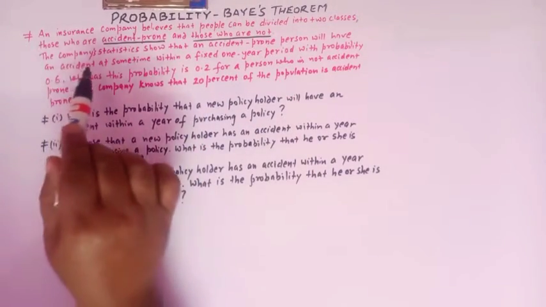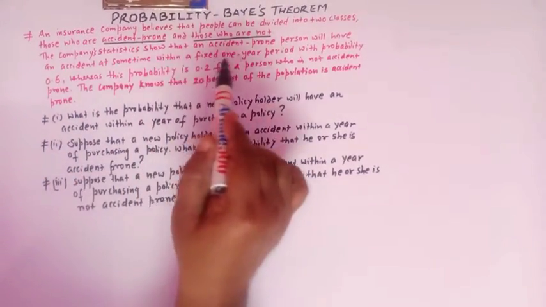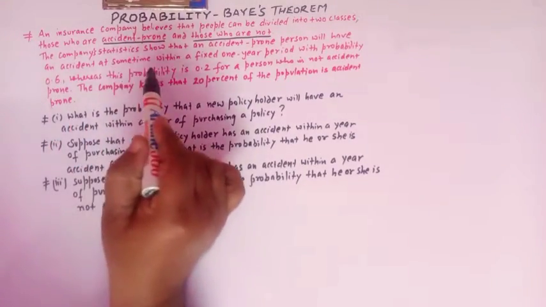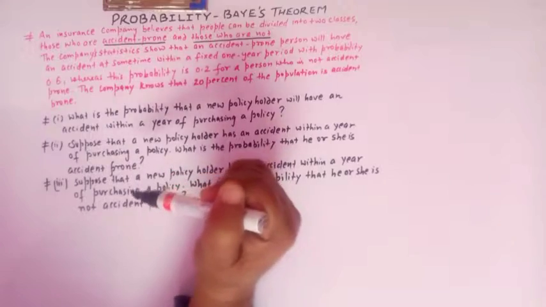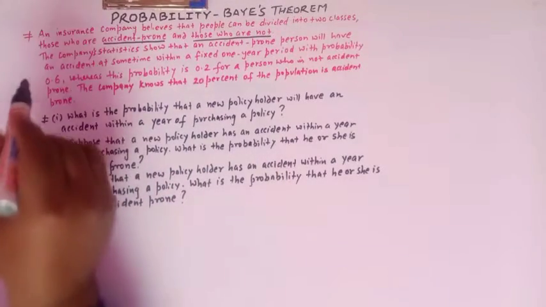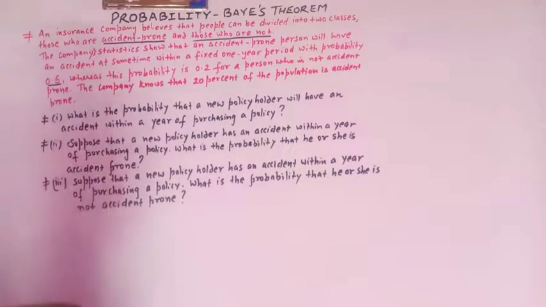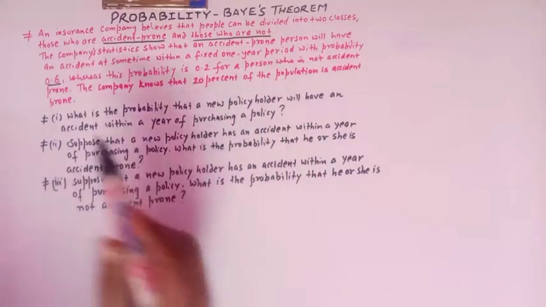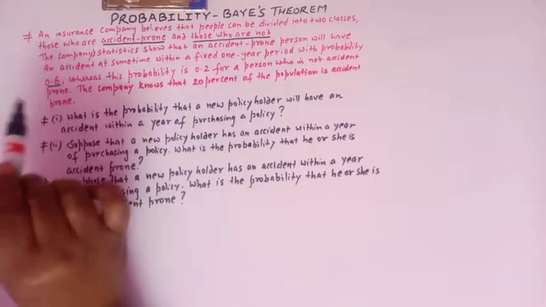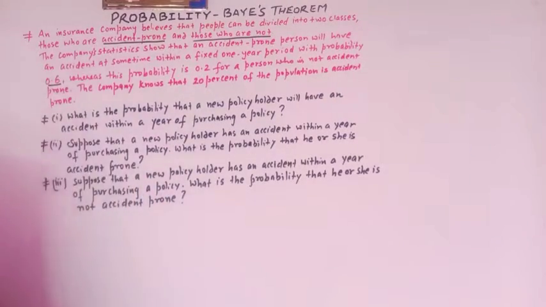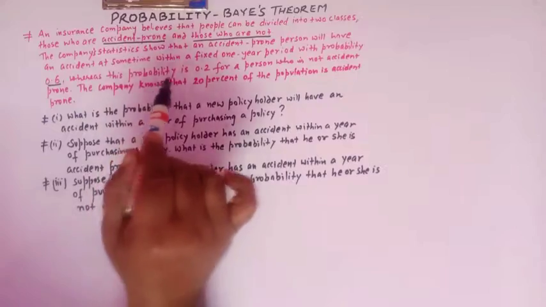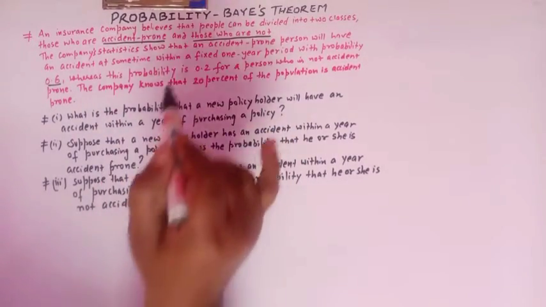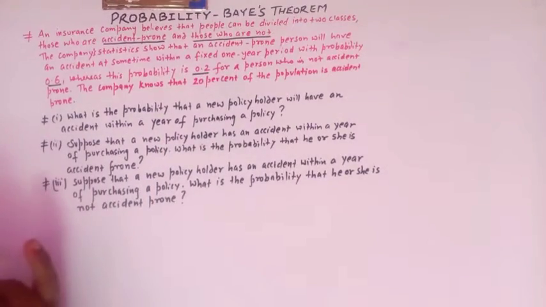The company's statistics show that an accident prone person will have an accident at some time within a fixed 1 year period with probability 0.6, whereas this probability for people who are not accident prone is 0.2.